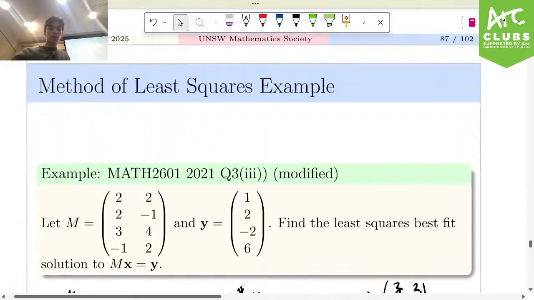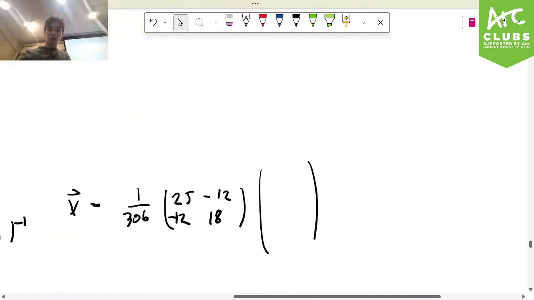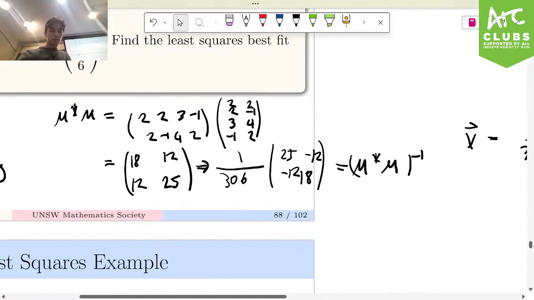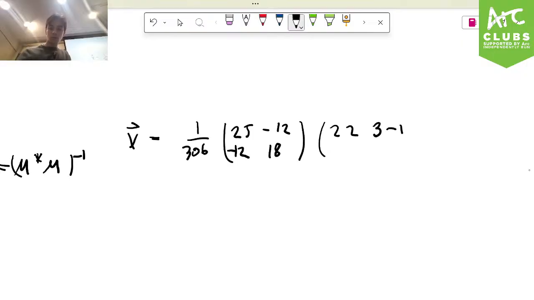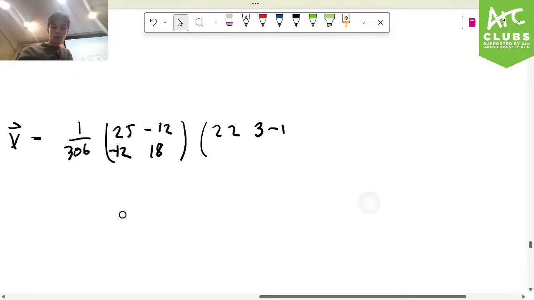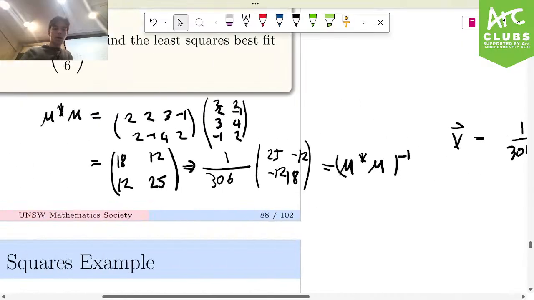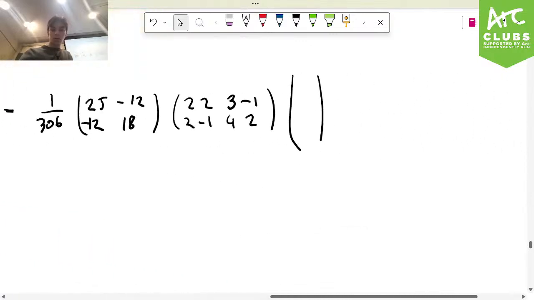I'm just following the expression that we have here. So times M star, which is 2 3 minus 1, 2 minus 1, 4, 2. Right? All multiplied by the vector that we get, y, which is 1, 2 minus 2, 6.